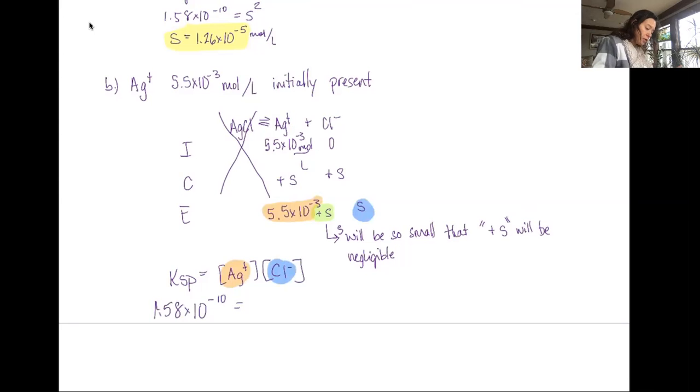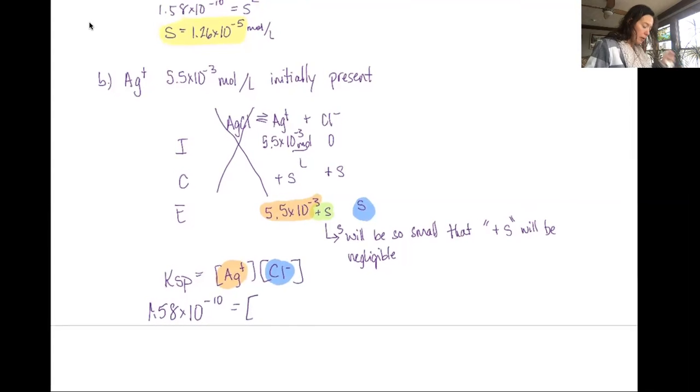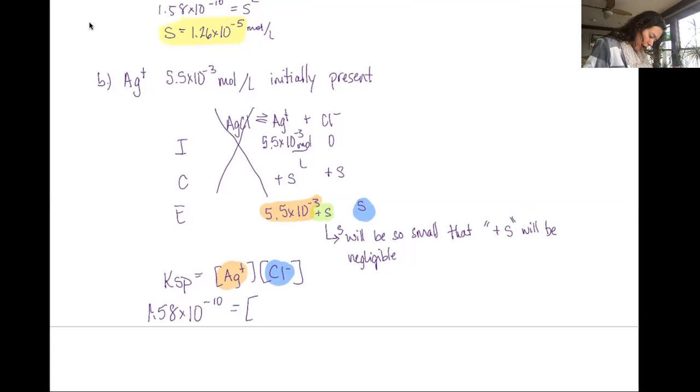And what we're not going to do is plug the plus S in, and that would make for a much, much harder solution to solve, okay? Okay, so we've got 5.5 times 10 to the negative third.